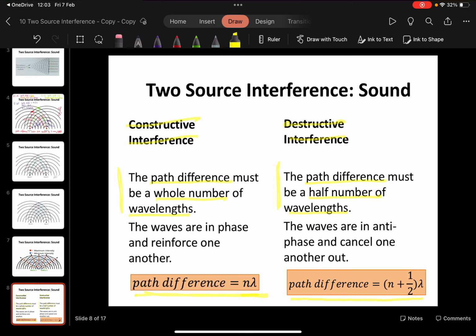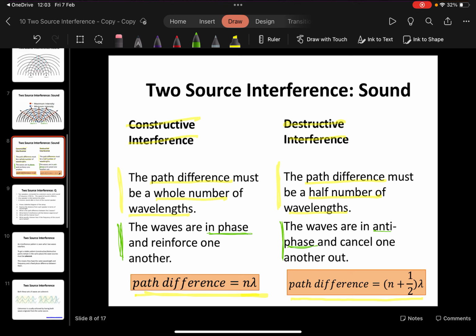However, we could also argue in terms of phase, and we could say that the waves need to be in phase for them to be constructively interfering, or in antiphase for them to be destructively interfering with each other. It's two pieces of language to describe constructive and destructive interference, either in terms of path difference or in terms of phase difference.